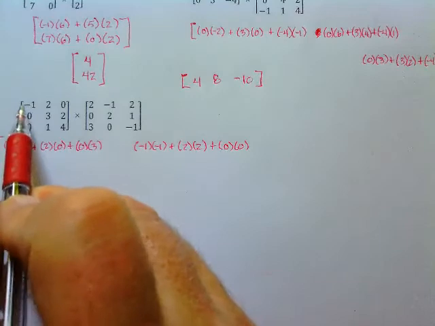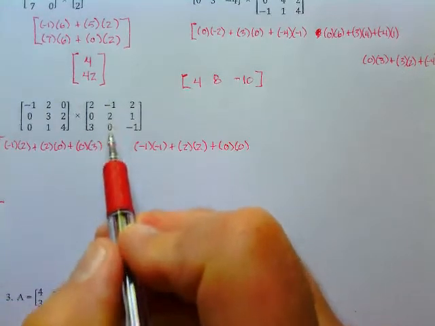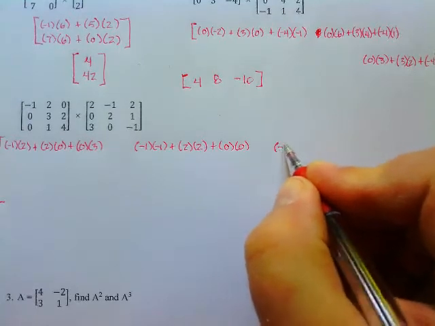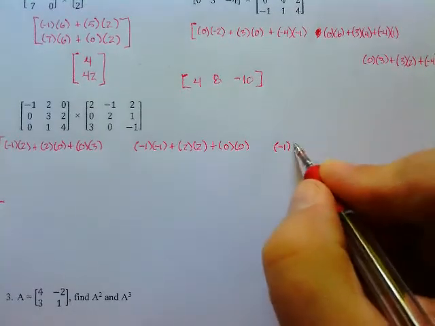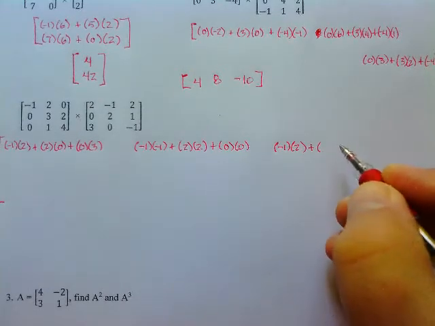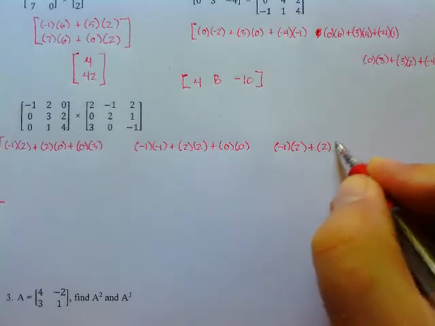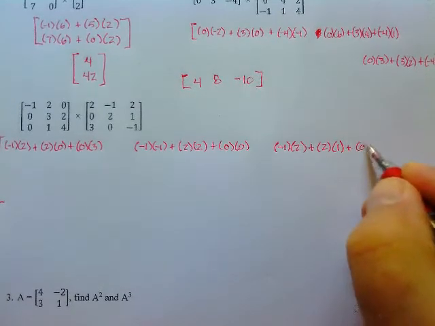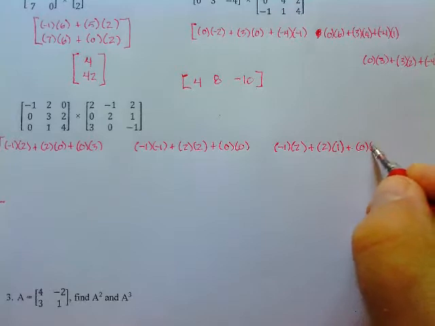And so now it's that top row against the middle column. And then finally, we're going to have -1 times 2 plus 2 times 1 plus 0 times the -1.